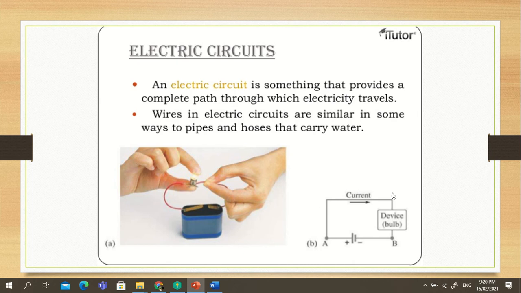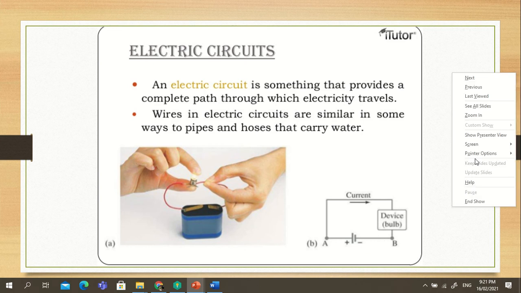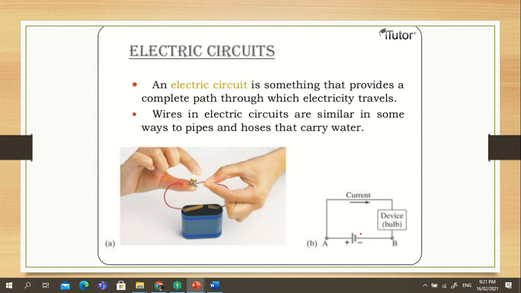Okay, so this is a basic electric circuit. We have here the source, and take note, class, that the current flow in this illustration, you have to remember, flows from negative to positive. So this is the direction of the flow of the current, that's why here we have the arrow in this direction.